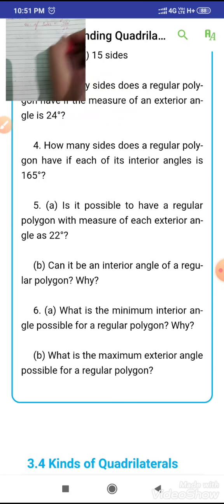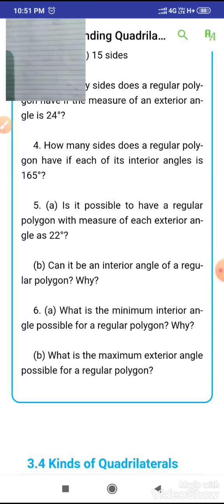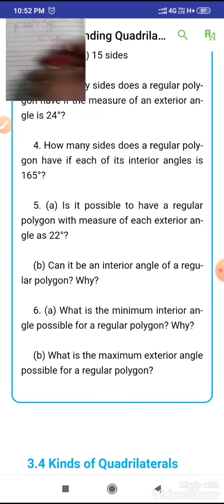After dividing, we obtain 16.36. As we all know, sides cannot be a fraction, so it is not possible to have a regular polygon with an exterior angle of 22 degrees. So its answer is no.